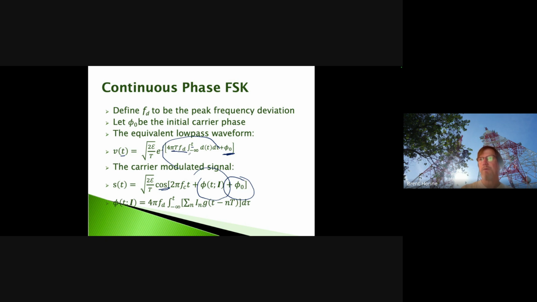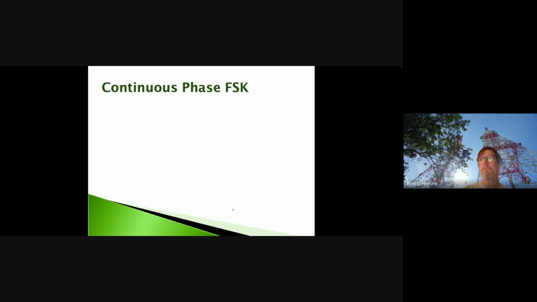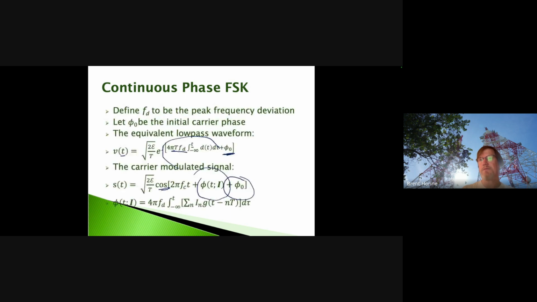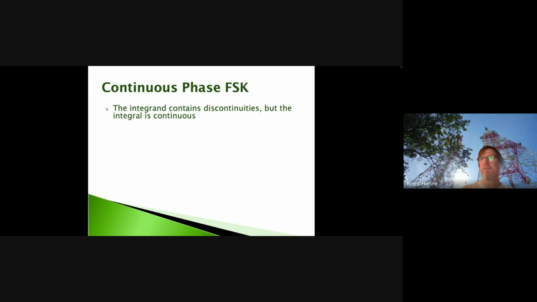Okay, so another way of writing it out. Now we've introduced this d_t as this summation pulse train. The integrand actually still contains discontinuities, but it turns out the integral is continuous. So if we look at this integrand, it still has these discontinuities associated with it, but since we're integrating from minus infinity to t, we're going to convert that to a continuous type waveform.